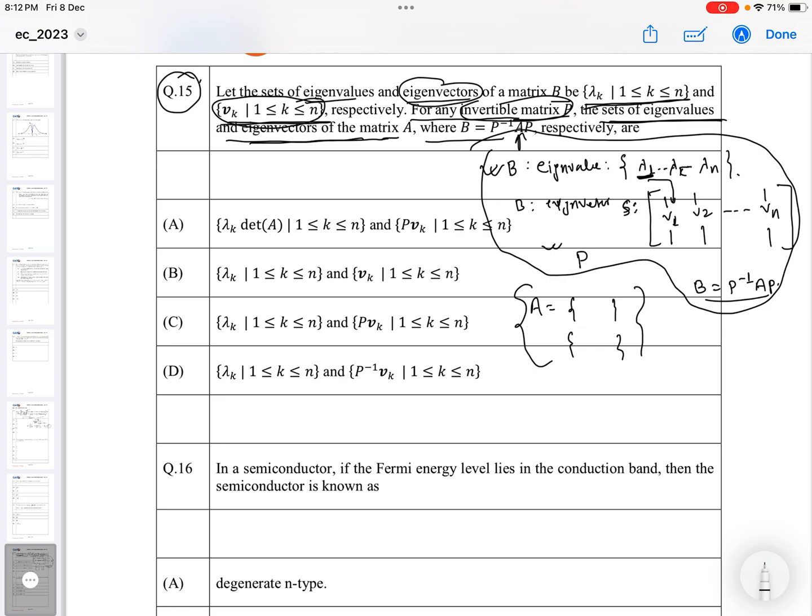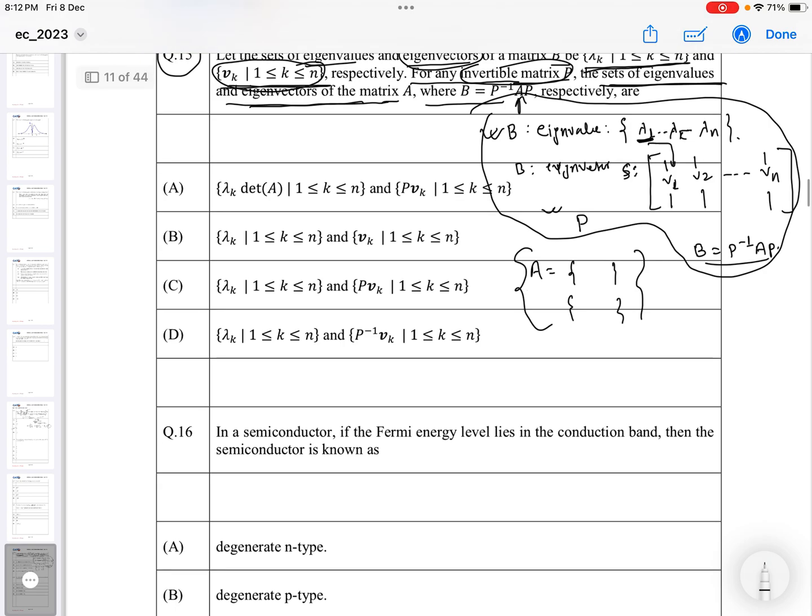If you know how to diagonalize a matrix, then you will have the answer for this question. So let's make use of this given info and try to find the eigenvalue and eigenvector of this matrix A.